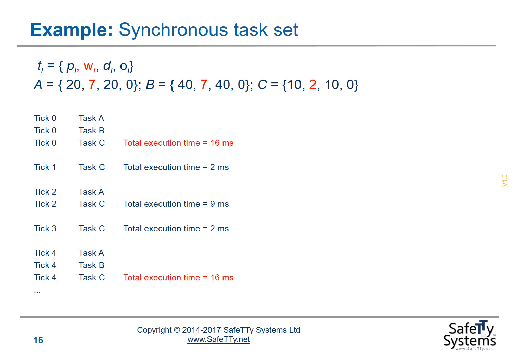So in tick 0, we release all of the tasks, so we have a total execution time of 7 plus 7 plus 2 equals 16 milliseconds in tick 0. And every time during this task set, when all of the tasks are released, we're going to have a total execution time of 16 milliseconds. Our tick interval is 10 milliseconds, so we're going to significantly overrun our tick every time we release all 3 of these tasks.